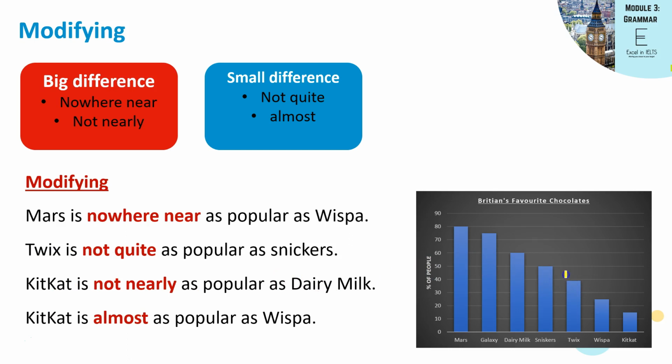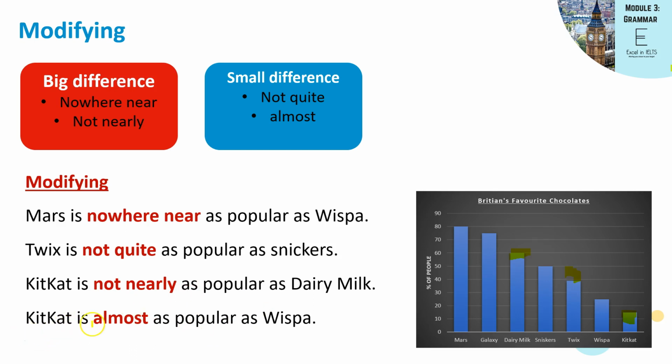As you can see, that's the only difference between the two. And then Kit Kat is not nearly as popular as Dairy Milk. So Dairy Milk is at 60 and Kit Kat is at around 15. So there's a huge difference between these two, so not nearly as popular as Dairy Milk.